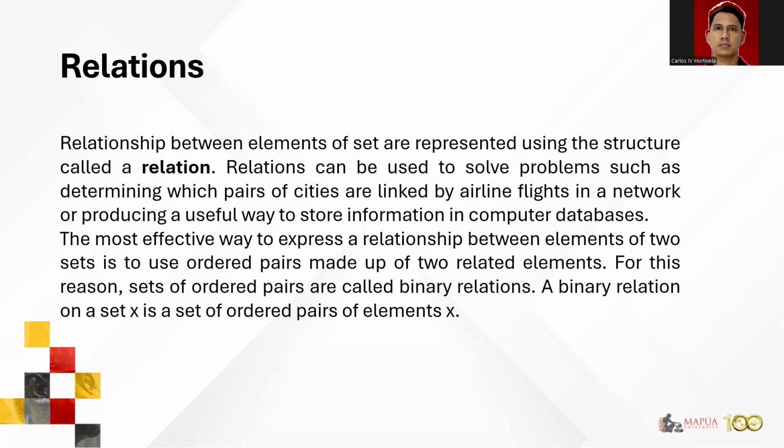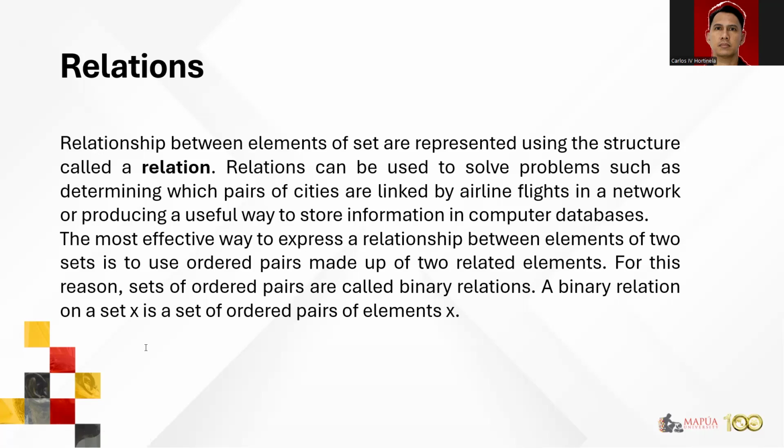One of the more common examples of a relation is actually seen on airline flights. You will notice that in the flight board, there will be two cities that are joined together.